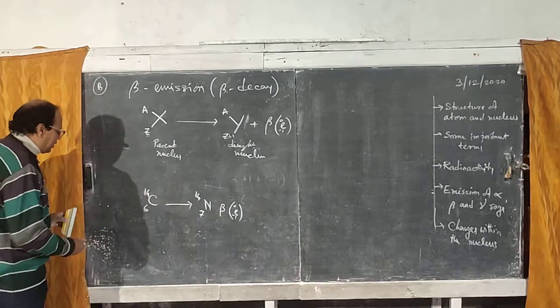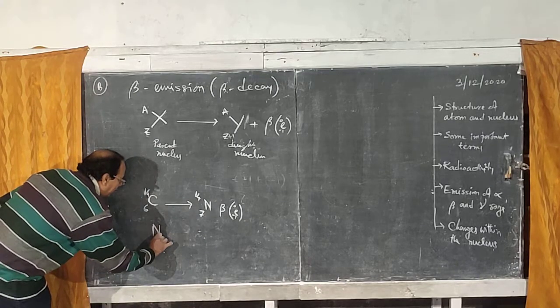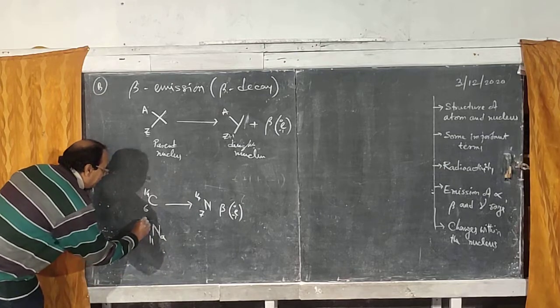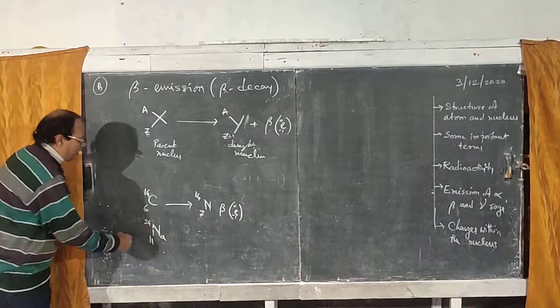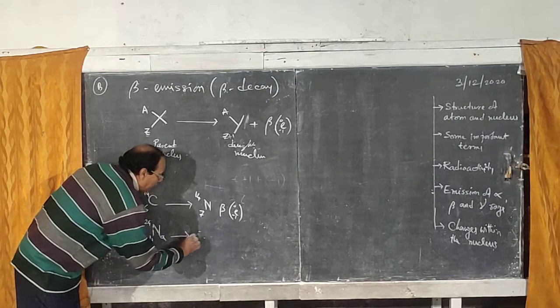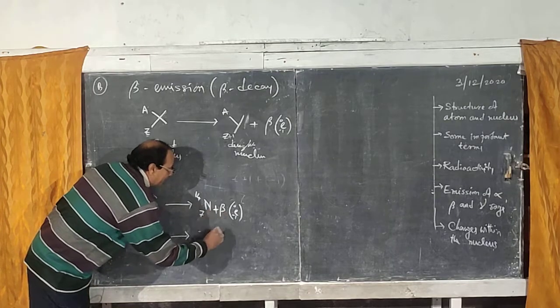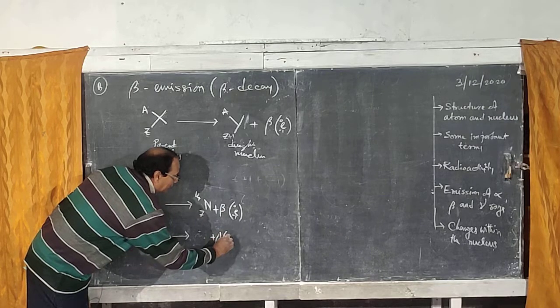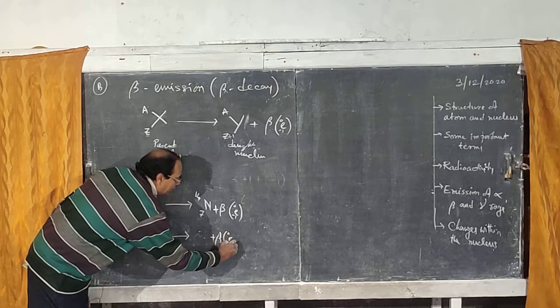I can give one or two more examples. In the case of sodium-24, atomic number 11, yes, it is also one of the radioisotopes of sodium. It gives out one beta particle, e with 0 and minus 1.